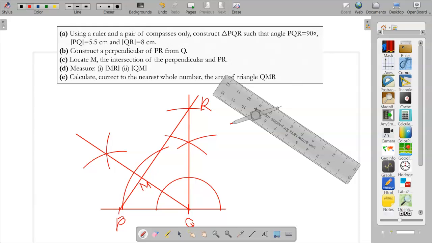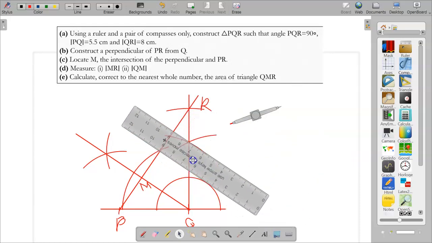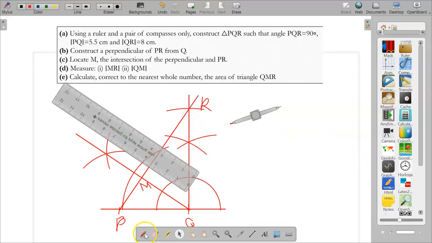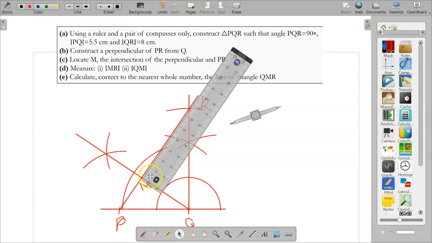Good. Now according to the question, we are done with the C part, that is, the perpendicular line is done. We have to measure the distance MR. So M to R, we can position our ruler to measure it. Okay, so from the ruler measurement, we can read our MR as 6.6. So we can say our MR is equal to 6.6.